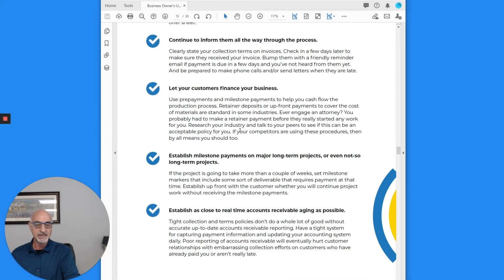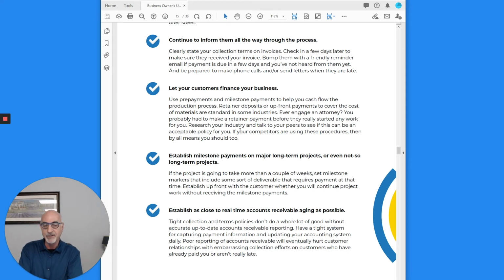One thing you might consider, if you're in the business of large projects, consider having your customers finance your business. Maybe there's an upfront lump sum payment, 10%, 20%, 25%, to cover the cost of the product of the project, the actual physical product. Or maybe there's a payment up front to make sure that they're serious about working with you, for you to be able to get started on this long-term project.